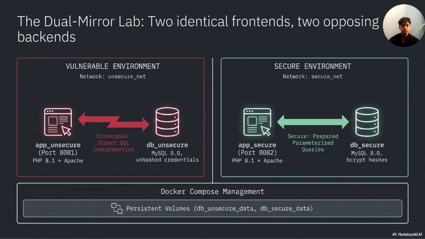On the right side is the secure environment where prepared statements and parameterized queries are implemented. This prevents user input from being interpreted as executable SQL code. Both environments use MySQL databases and are managed through Docker Compose, allowing us to compare vulnerable and secure implementations under the same condition.